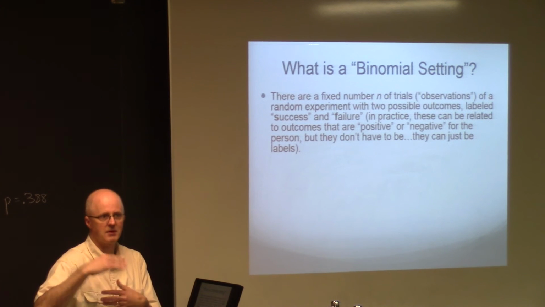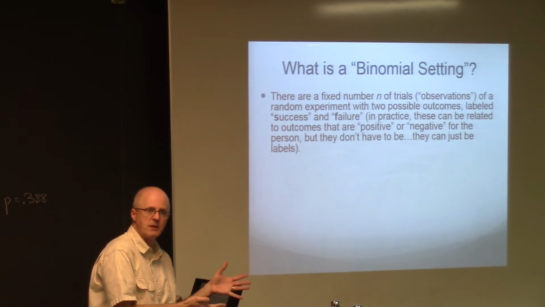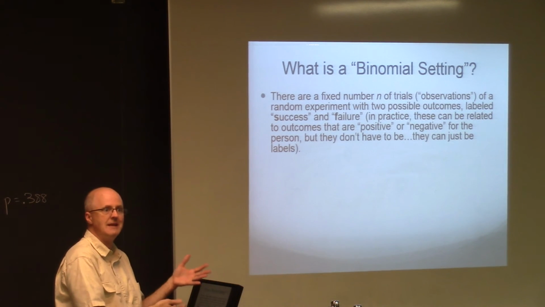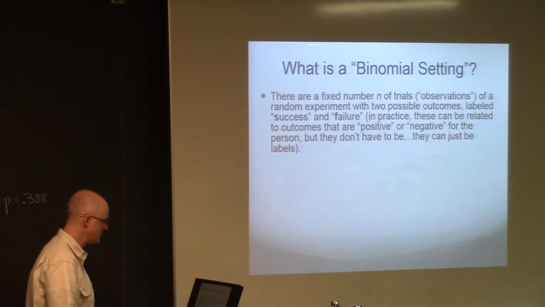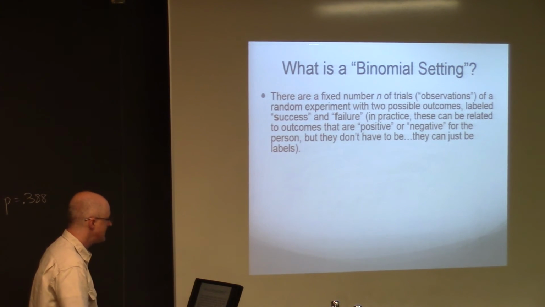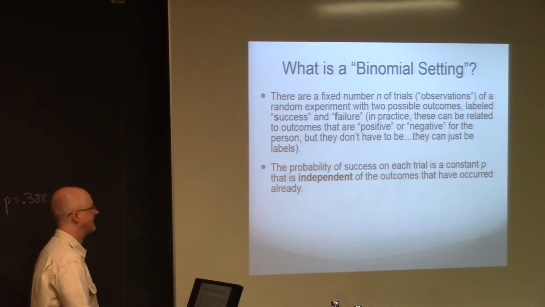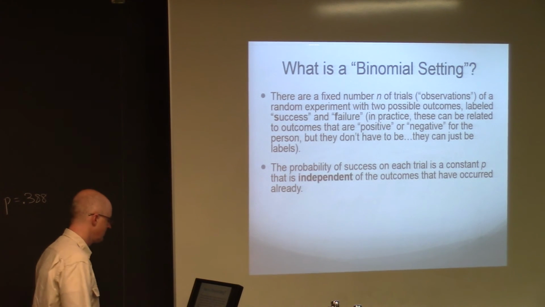Whereas with Poisson, there is no fixed upper limit on how big x is. The count of successes could theoretically be arbitrarily high, though in practice it's not usually very high. You're counting successes. You assume the probability of success on each trial is constant, p, and it's independent of what happened on other trials that came before.